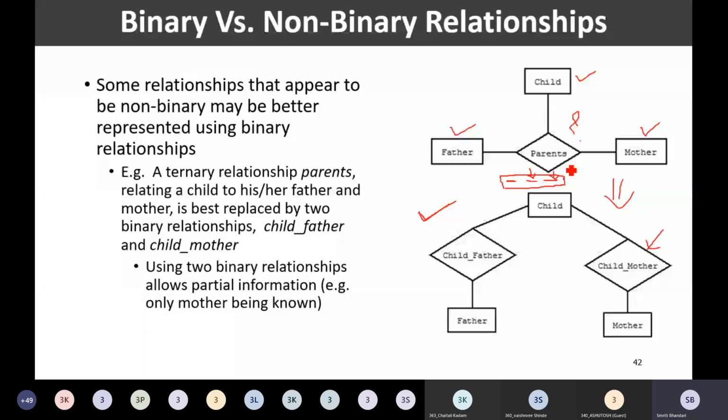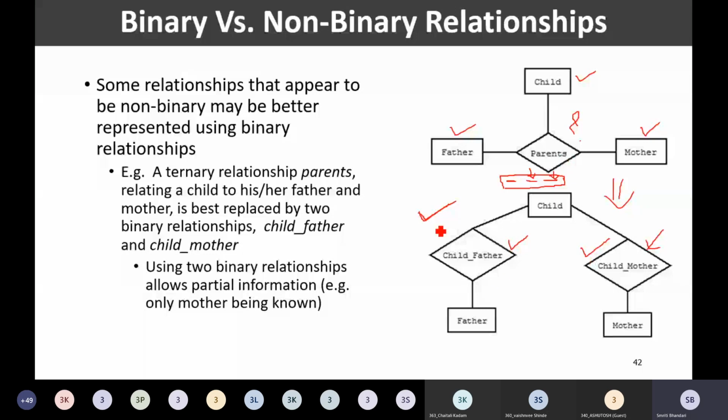In both ways, it is possible for me to find out who is the father and who is the mother for a particular child. Correct? But if some data is missing, then it is also efficiently stored if I go with this kind of a binary relationship instead of a ternary relationship.